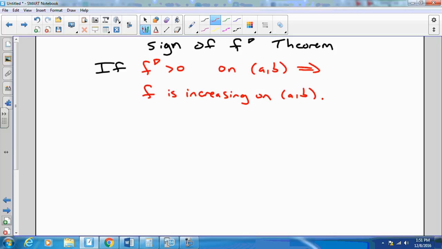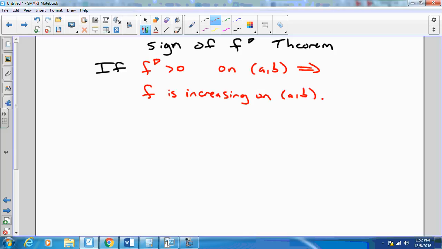In other words, I don't have to go checking pairs. I can simply check the sign of f prime. And if I find that the sign of f prime is positive for every value in a to b, then I'm guaranteed that f must increase.